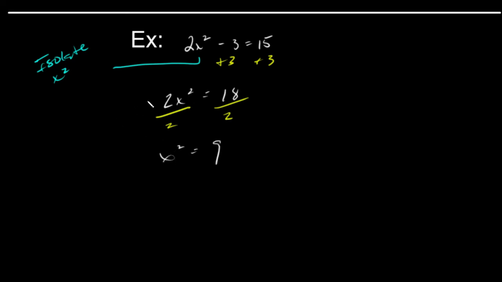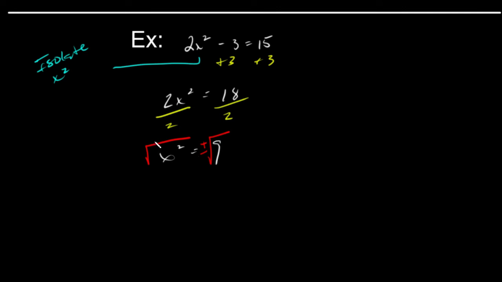Great. Just like we divided by 2 to get rid of it, to get rid of a square, you square root both sides. And when you square root the other side, you must remember to have a plus or minus before the square root. I'll explain why after we're done with the problem.